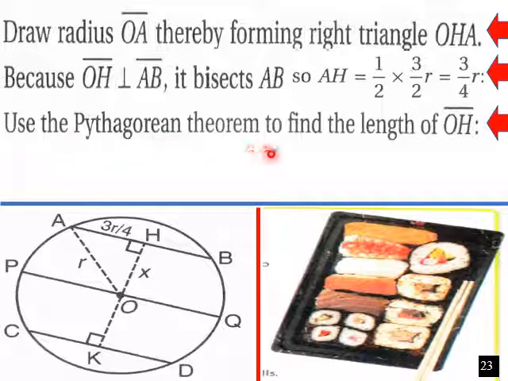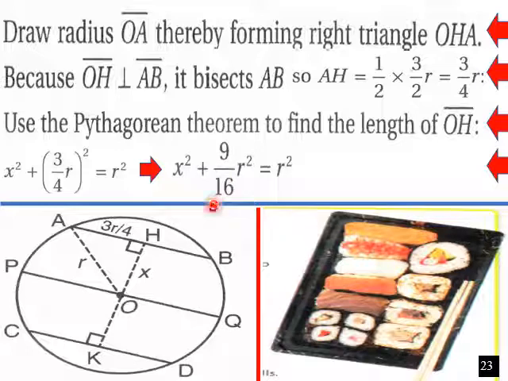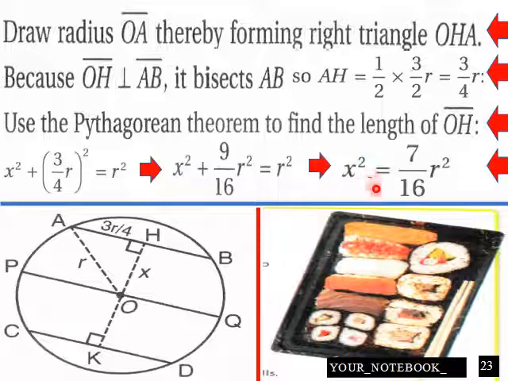Use the Pythagorean theorem to find the length of OH. Since we know R, we know this, we need to find the length here. So x squared plus (3/4 R) squared equals R squared. This becomes x squared plus 9/16 R squared equals R squared. Solving, x squared equals 7/16 R squared.